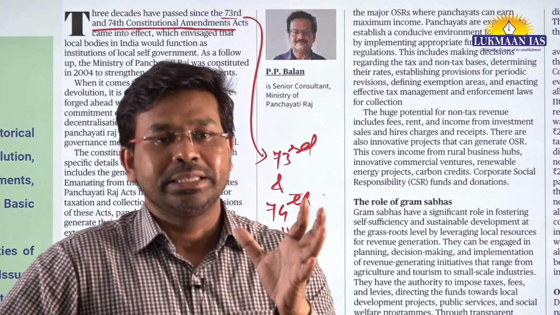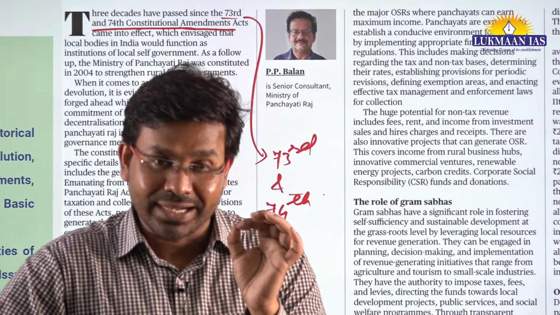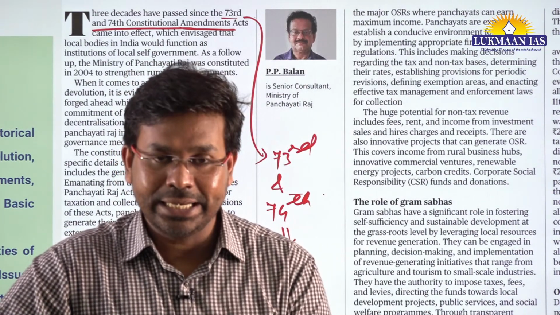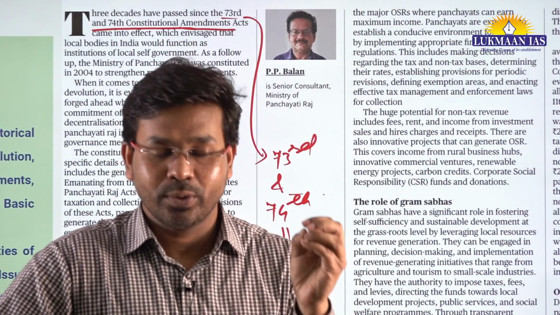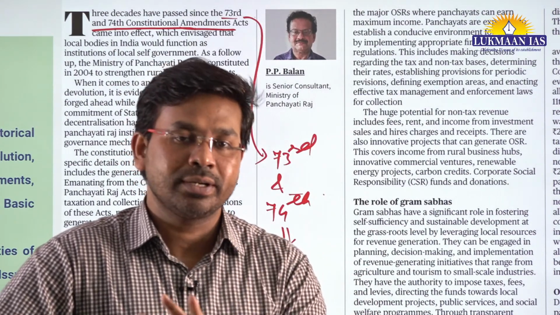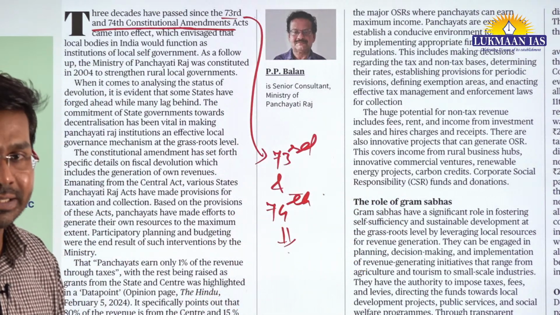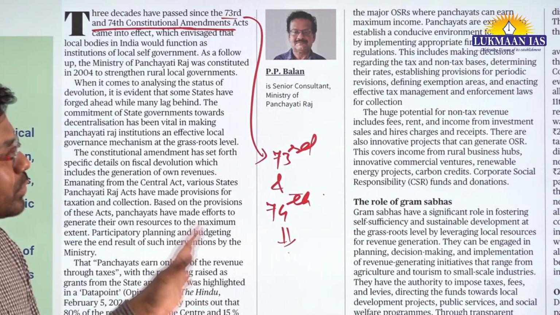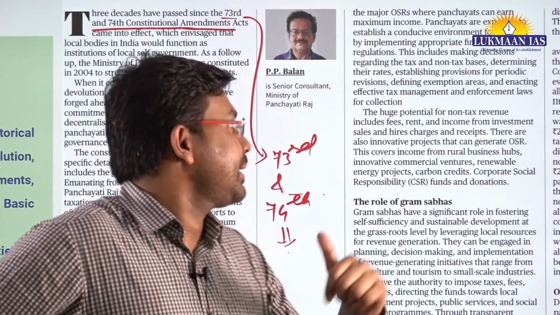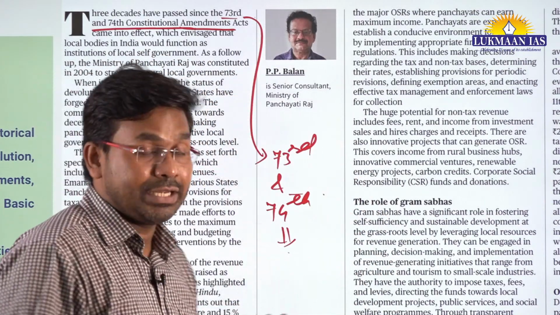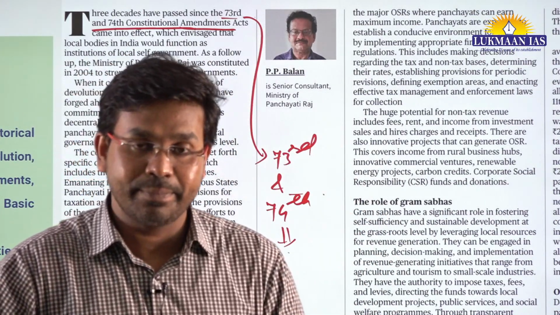After that, the state of Rajasthan became the first state in India to implement Panchayati Raj institutions, to give validity to this by enacting Panchayati Raj institutions as constitutional bodies. So it has been 3 decades since the 73rd and 74th Constitutional Amendment Acts were passed.